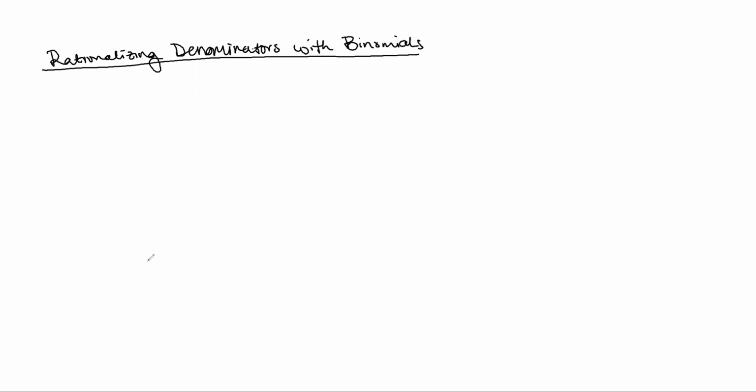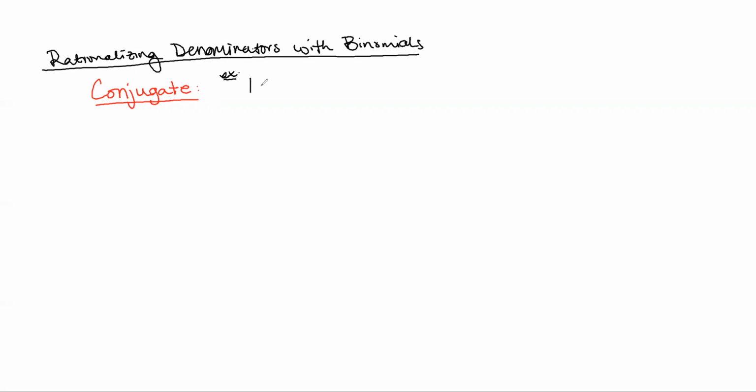And so what we're going to use is something called the conjugate. And what the conjugate is, and this is something we saw when we were multiplying actually in the beginning of this section, is when you have the same terms with the opposite sign in the middle of them.